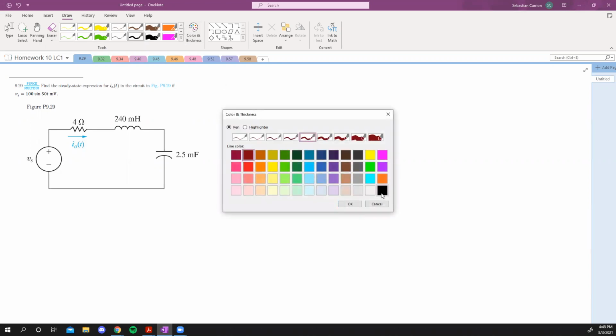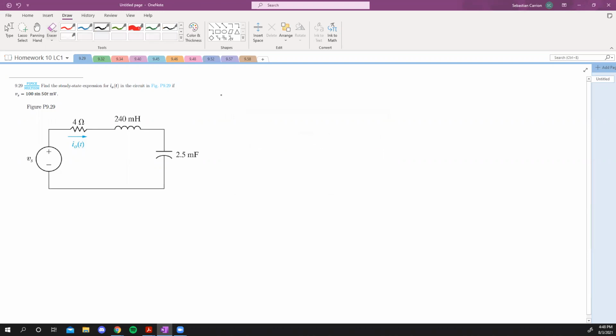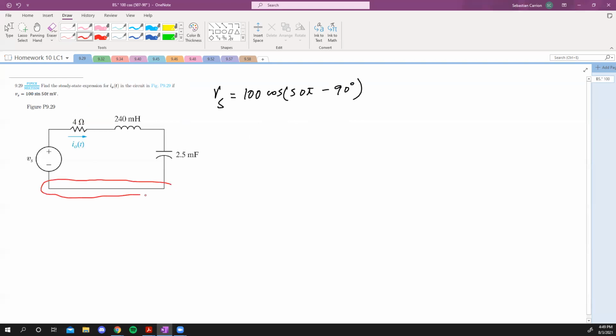First, Vs we're going to put in terms of cosine: 100 cosine of 50t minus 90 would be in terms of cosine. All right, now that we have this, we can go ahead and do our labeling.